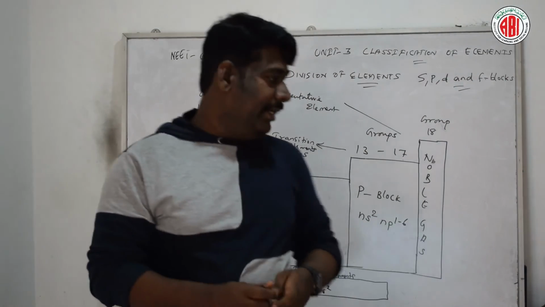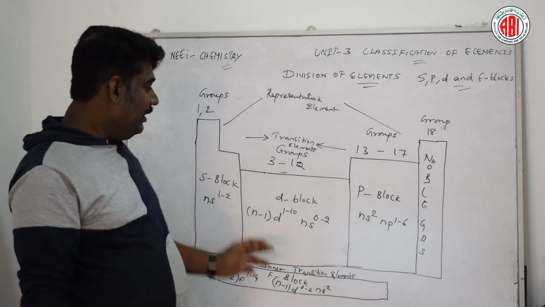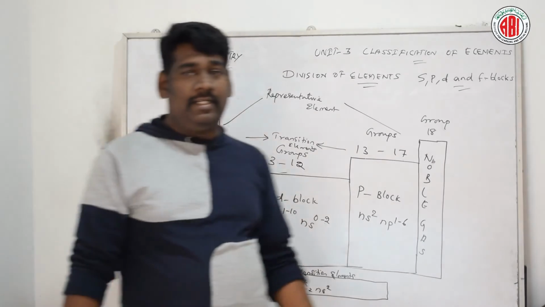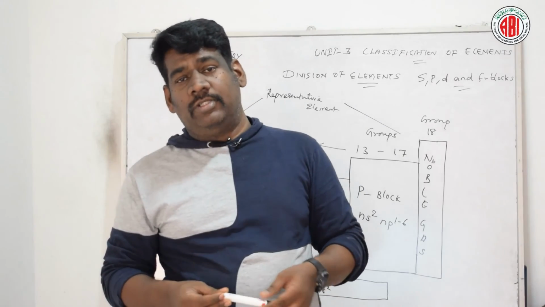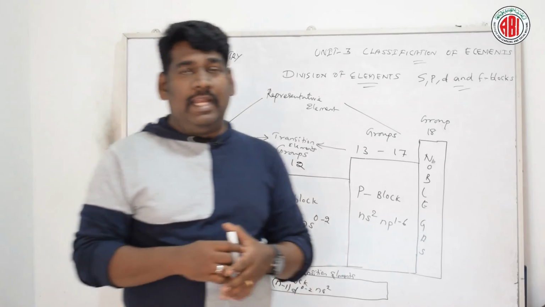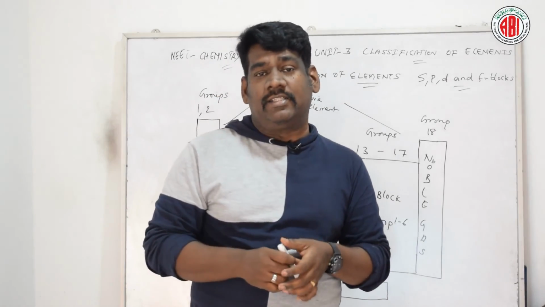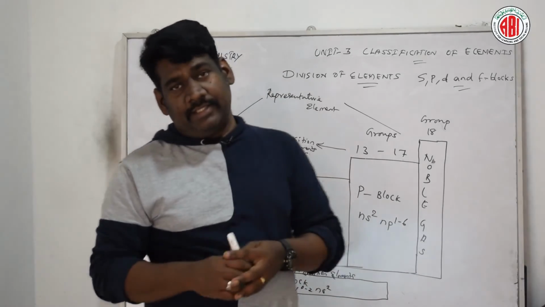Similarly, transition elements are packed in between the S block and P block elements. These are called D block elements, lying between the S and P blocks, and they start from group 3 to 12 in between.